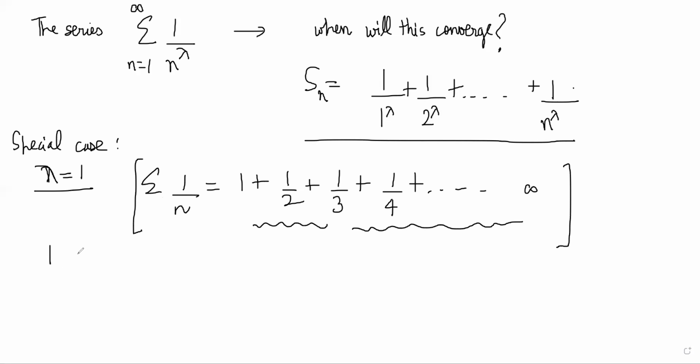One, you can group terms here, 1 plus half. And then you can say 1 by 3 plus 1 by 4, the next two terms. Okay, I'll do it on the next page. Half plus 1 by 3 plus 1 by 4, and so on.